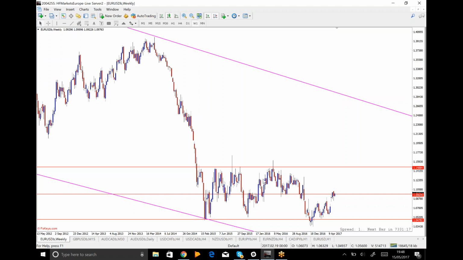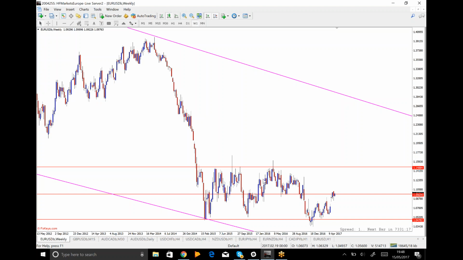So in a bullish trend, the first point of the move is going to be called A. The first low is A, the first high that's formed is B. The first low is C, and the next high is D. This is why we call it AB equals CD, because what we expect is that the length of the AB move will be equal to the length of the CD move.